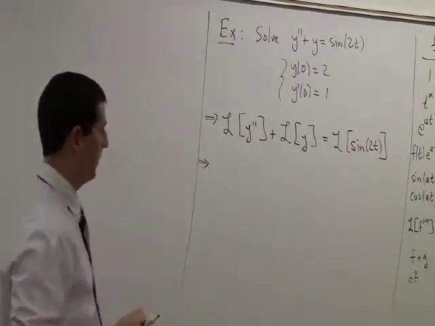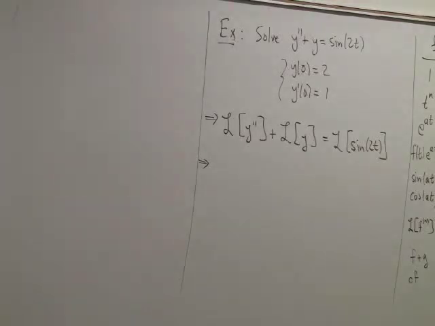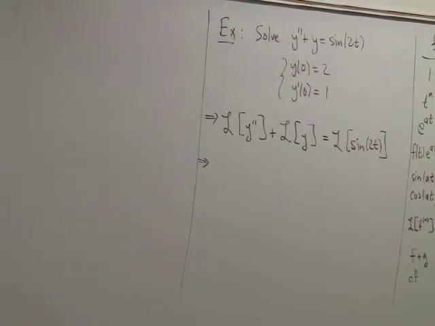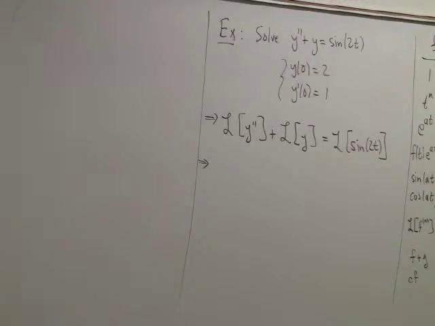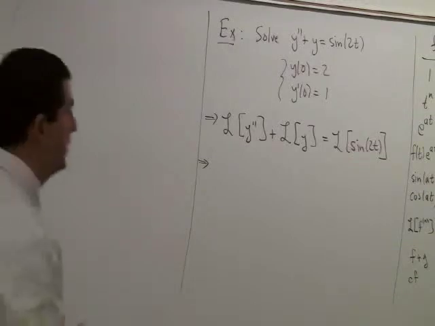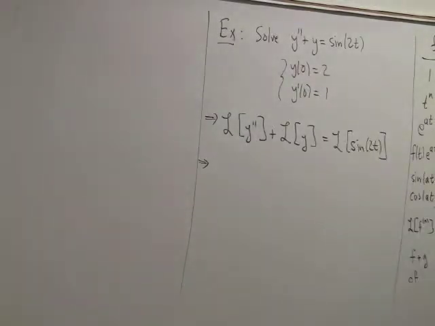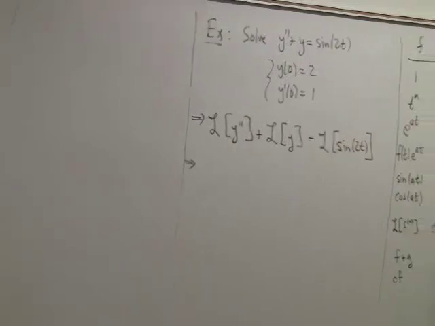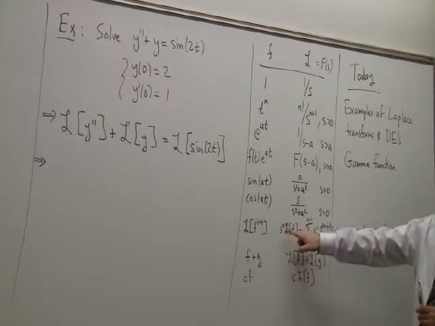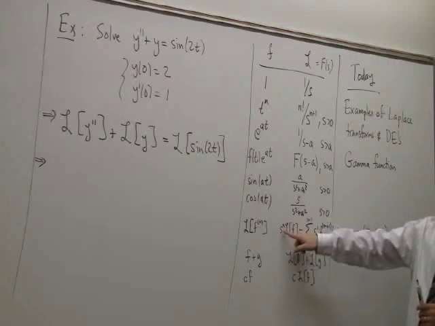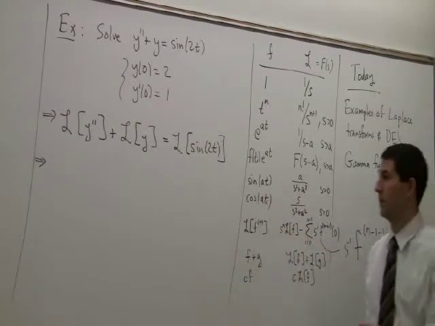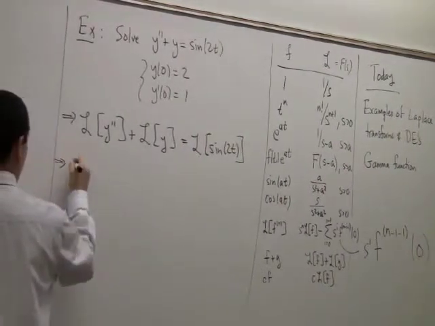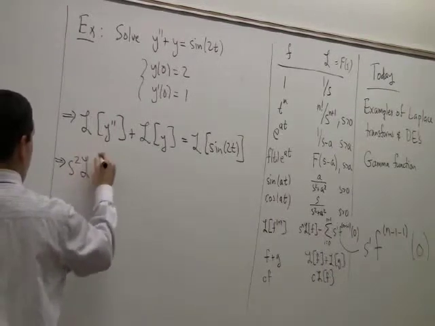So, what's L of y double prime? First term is easy. You just raise s to the derivative that you took, right? So we get an s squared, and then an L of y.